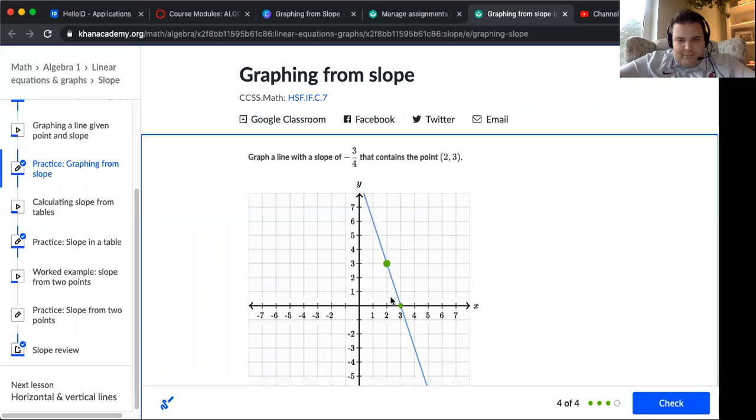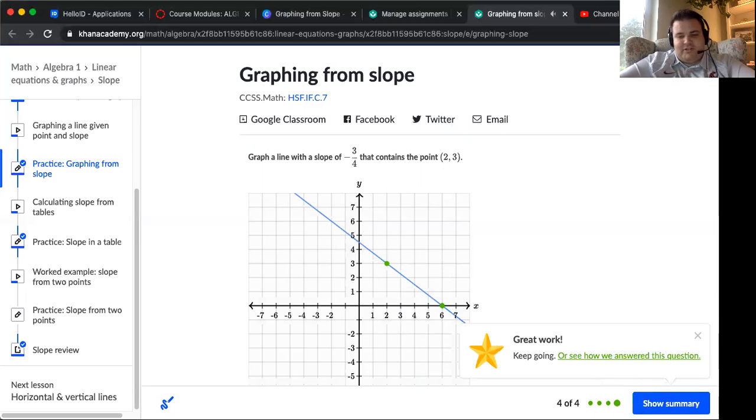So we're going down 3, right 4. I suppose you could think of it as going up 3, left 4, which does work, but we always go from left to right in math. So it makes more sense logically to go down 3, right 4. This is the line right here.